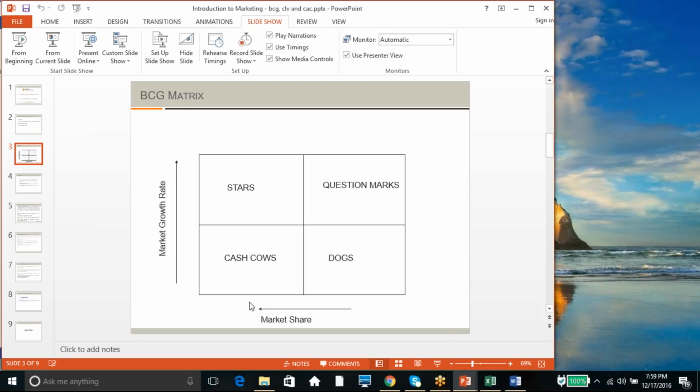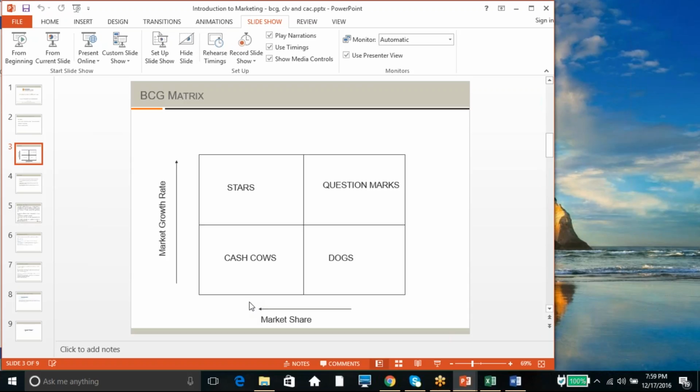So my question again, as an entrepreneur, which is the segment that you want to be in always? Star, cash cow, dog. Obviously nobody wants to be a question mark. Yes.